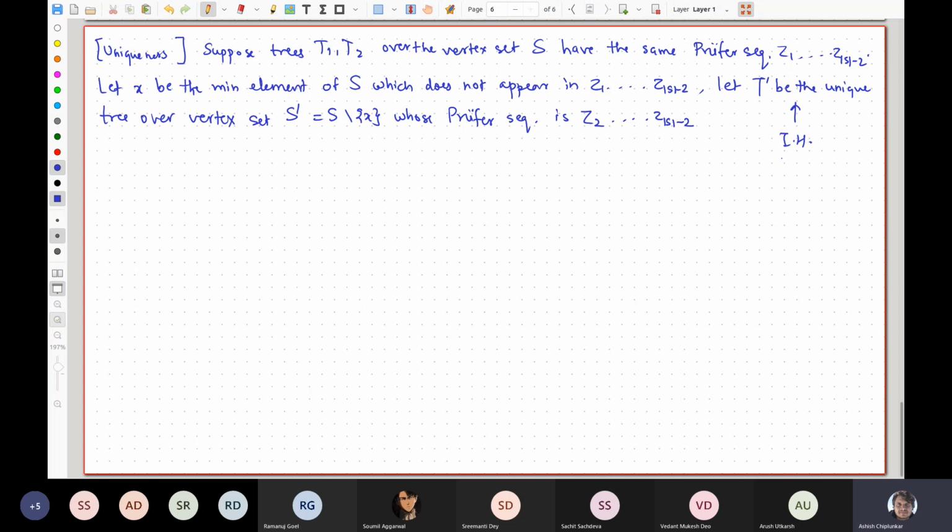You reduce the length of the Prufer sequence, you reduce the vertex set, and by induction hypothesis you claim that there exists a unique tree whose Prufer sequence is this. That's what the induction hypothesis allows you to do.